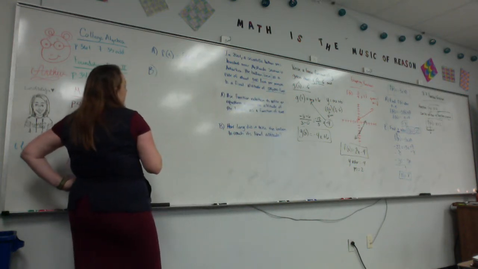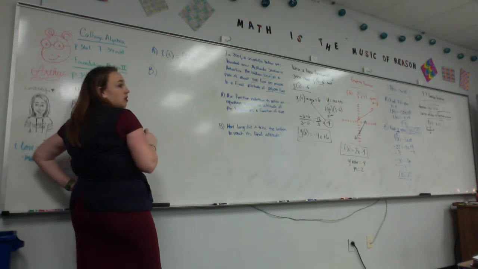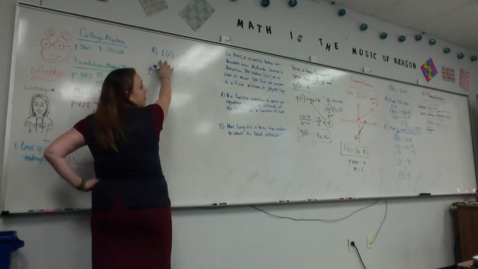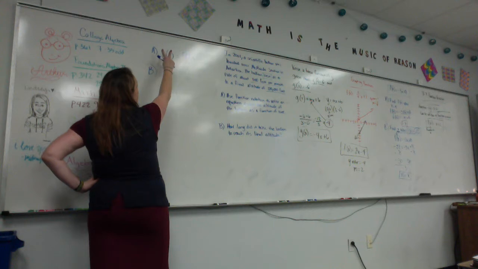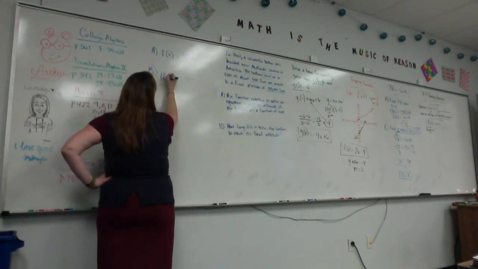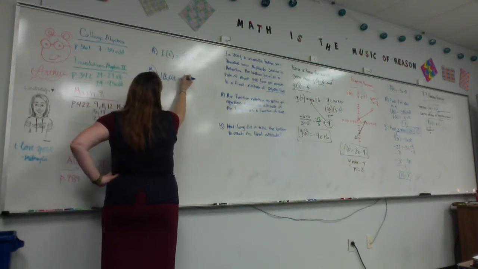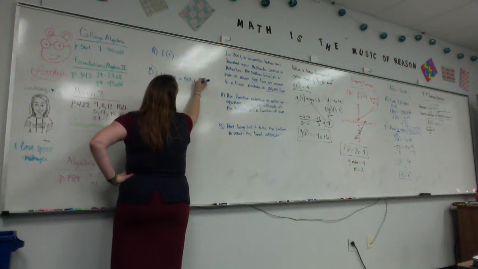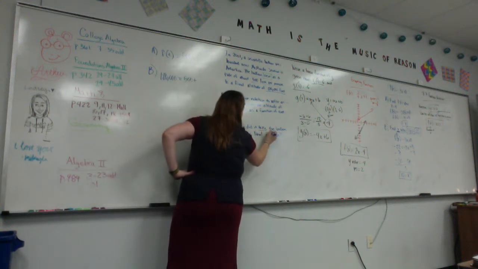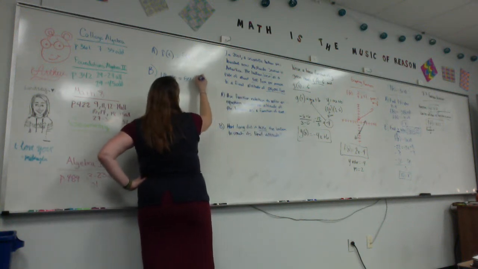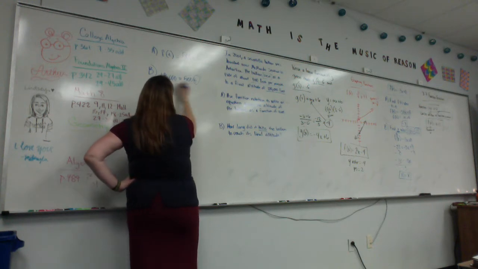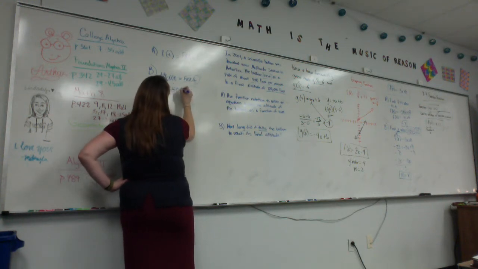Where do I substitute the 120,000 in? It's my final altitude, so I substitute it in for my function. 120,000 equals 500t. Because it says how long did it take, which means I'm looking for time. Then I divide. What's 120,000 divided by 500?